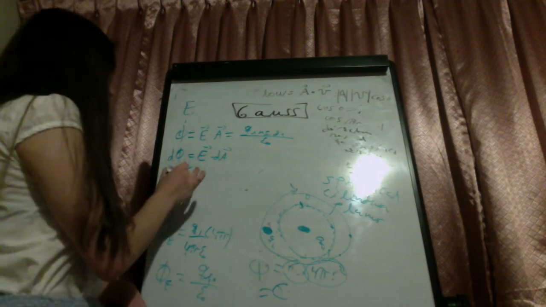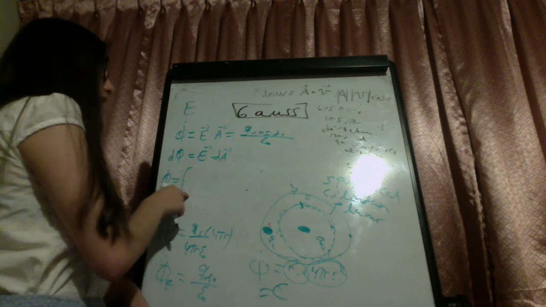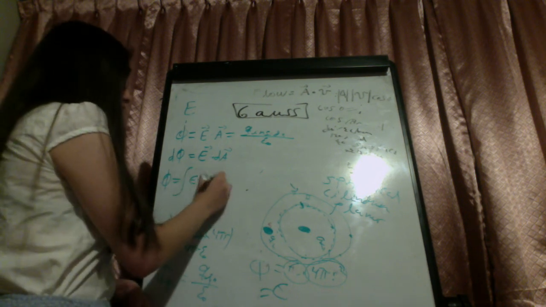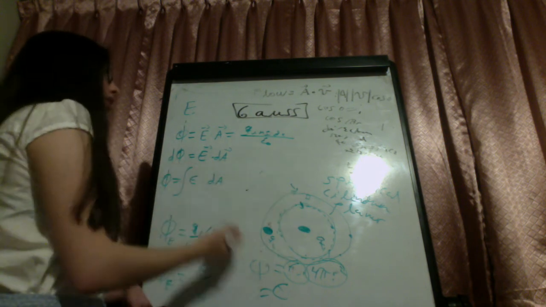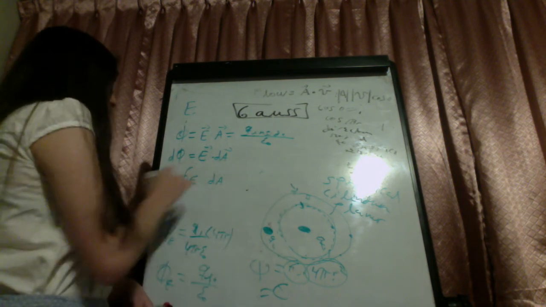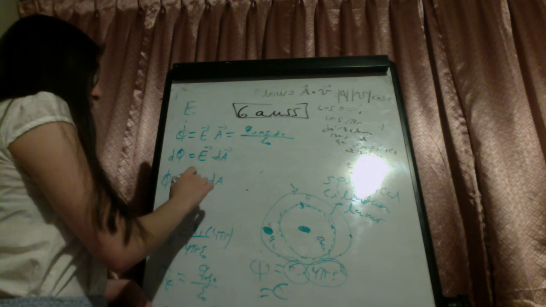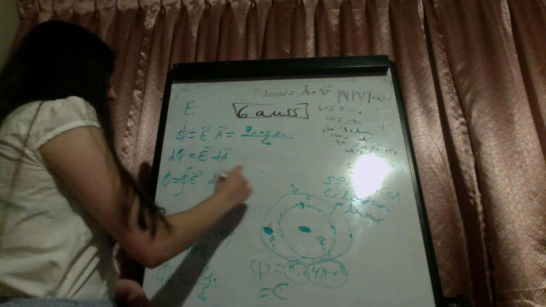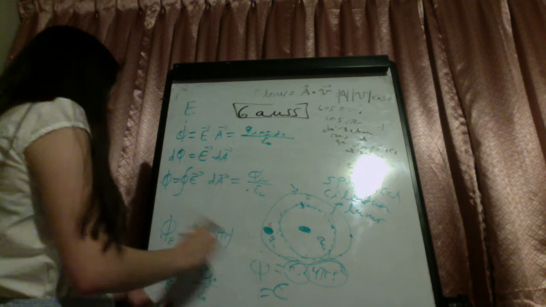Actually it is the integral of a closed surface, and actually it is a double integral, but because here you're putting dot dA, you can just put one symbol of integral, and because it is a closed surface, you put this, and so the electric field dot dA is equal to Q inside divided by epsilon naught.